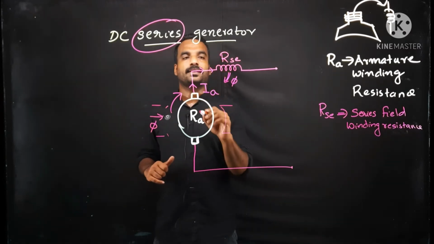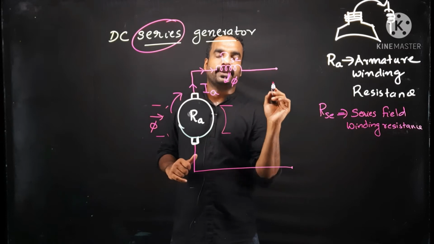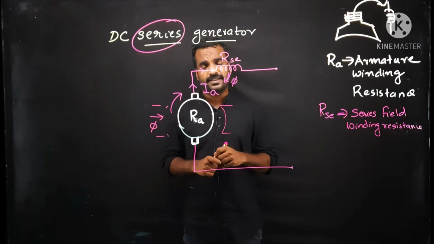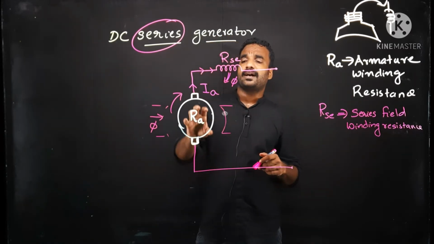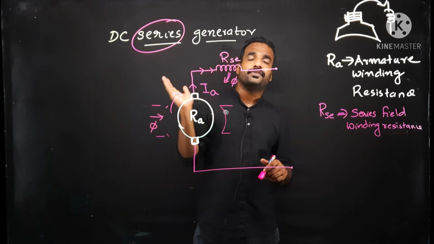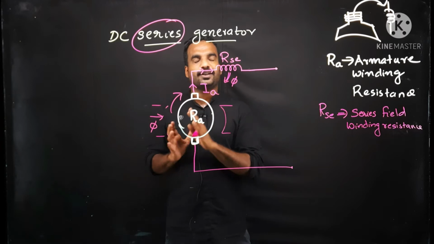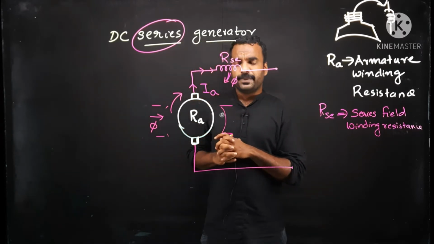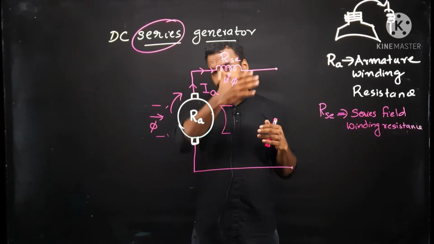This armature current passes through the field winding. Sometimes you may have a question. Initially current is 0. Then how will the flux get produced? Because without flux we cannot produce current. I will explain that. That is a big topic.